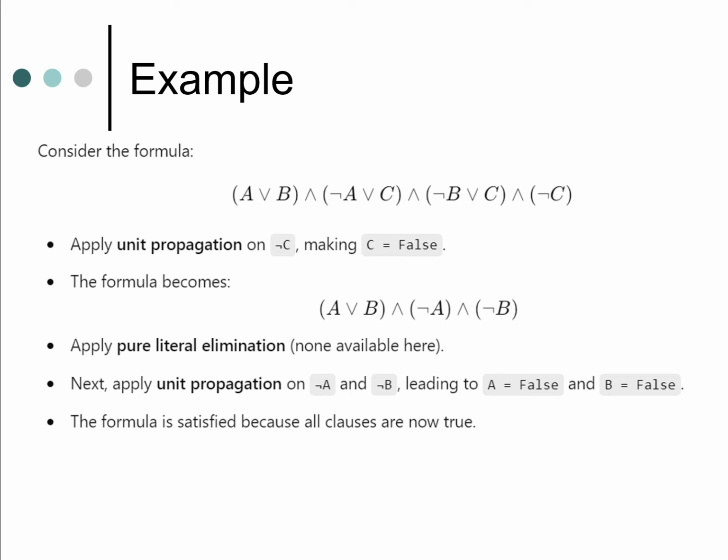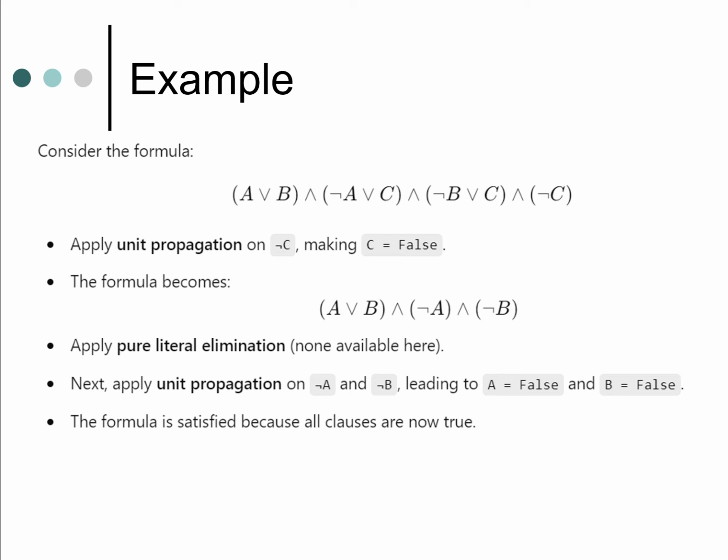Consider the formula (A or B) and (not A or C) and (not B or C) and (not C). We will check whether we have a unit literal or not. We have two literals in the first three clauses. In the final clause, we have only one literal.